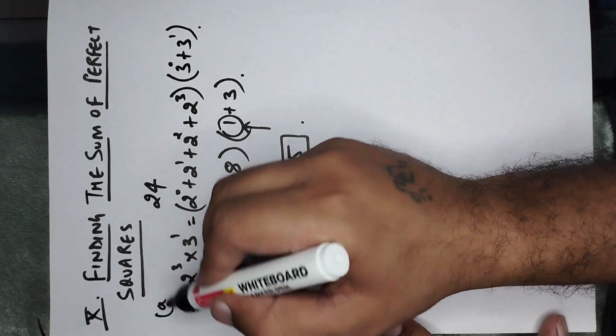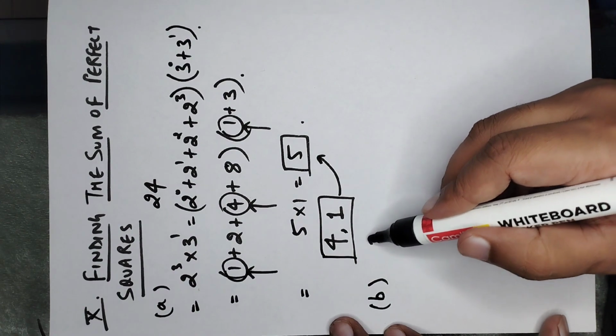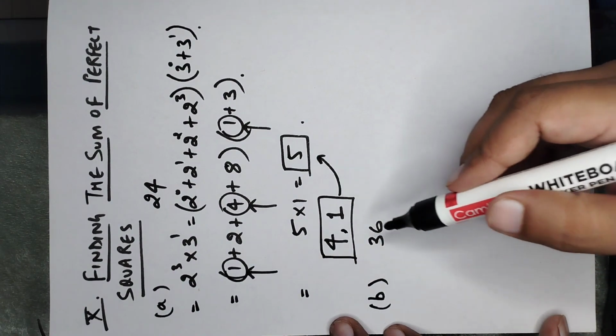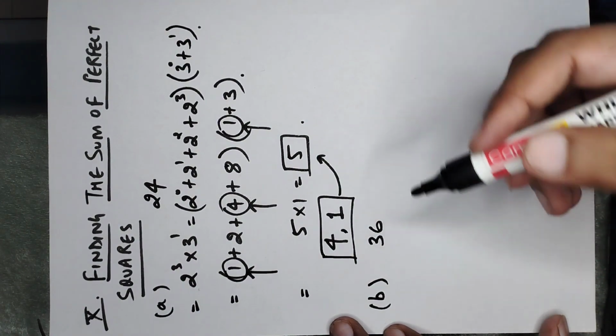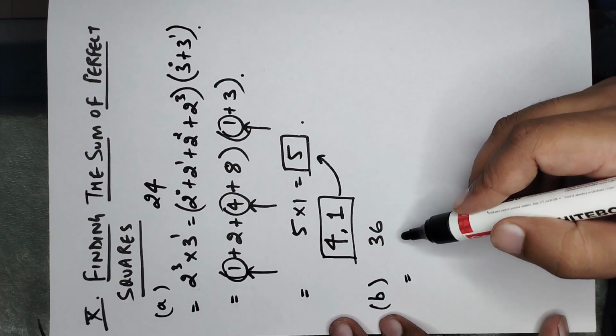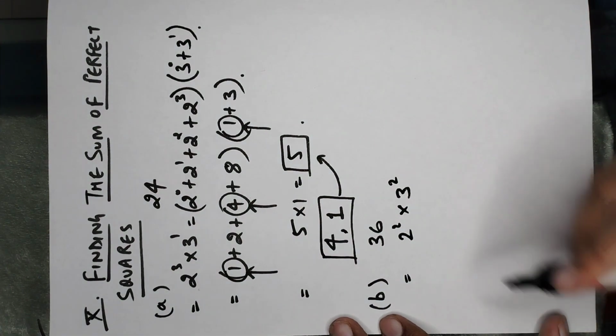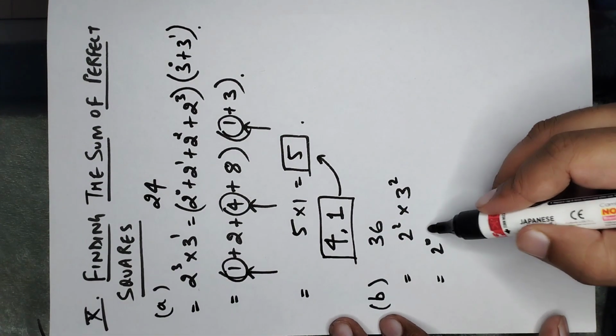Let us take another example. I am taking the case of 36. If I have to find the factors that are perfect squares and find the sum of them, I can write this number as 2 square multiplied by 3 square. Again this number can be expanded.